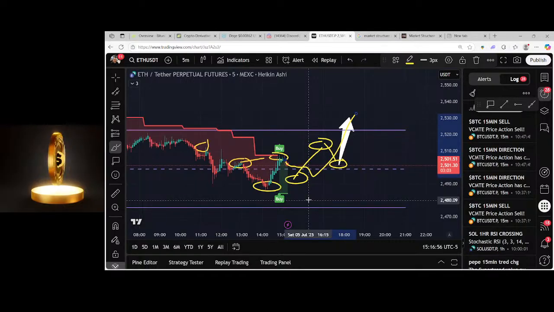I don't need to look at this and say to myself, oh, it's building a market structure. Next move would be flat, pullback, and then an entry. Okay? This takes a long, long time to master.